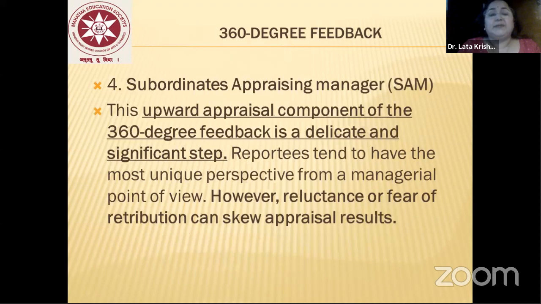But all the same, it is significant, because the reportees, through their documentation, may reveal the strengths and weaknesses of this employee concerned. But what is the biggest drawback? The reluctance or fear of retribution can skew the appraisal results. So, of course, we see this particular report as not always being a very rational or correct opinion.